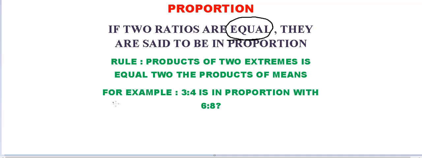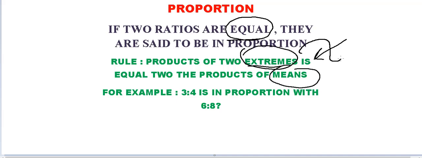Now, how can we check whether given ratios are in proportion or not? For this we have a very interesting rule. It says that the product of two extremes is equal to the product of two means.